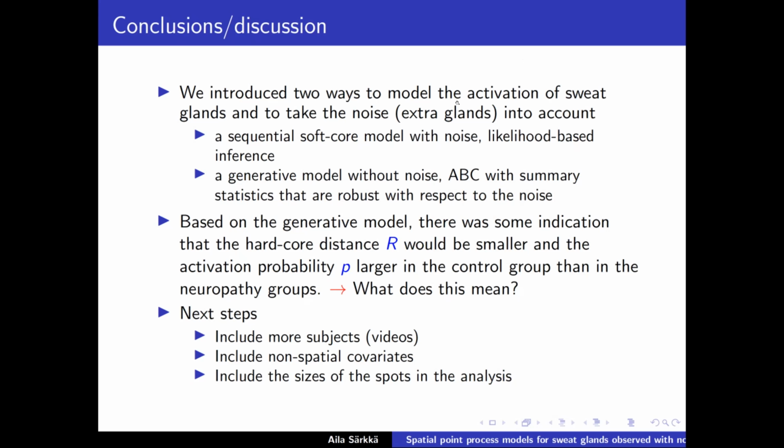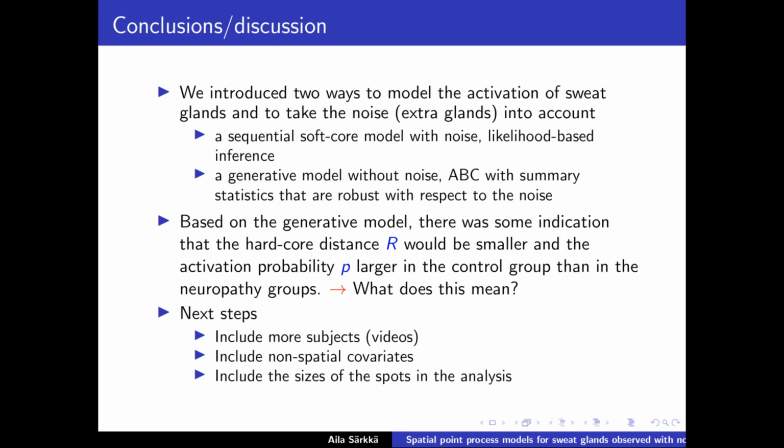So we have introduced two ways to model the activation of sweat glands and to take the noise, these extra glands, into account. First we had the sequential softcore model with noise, and then we used likelihood-based inference. The other way was to start with modeling the underlying sweat gland pattern that we don't observe, by using our generative model. And here, in fact, we didn't put any noise in the model.